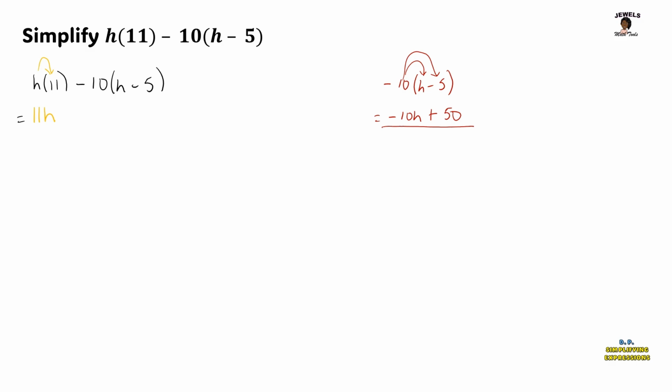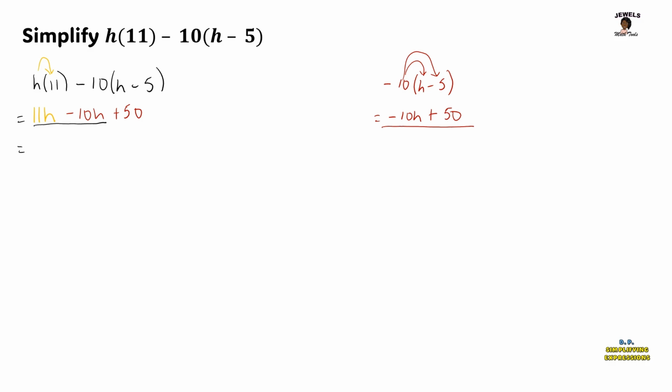And now we're going to plug that back into our question and then begin collecting our like terms. So in our expression, our like terms will be our h's because both have just a variable h and their exponents are the same. These two will be considered our like terms.